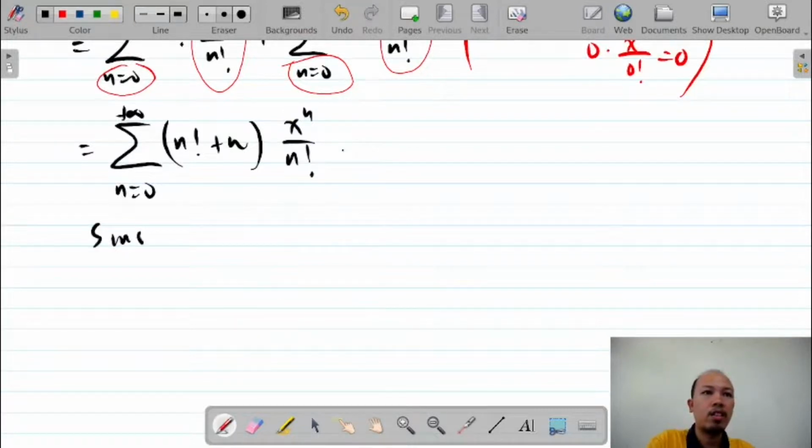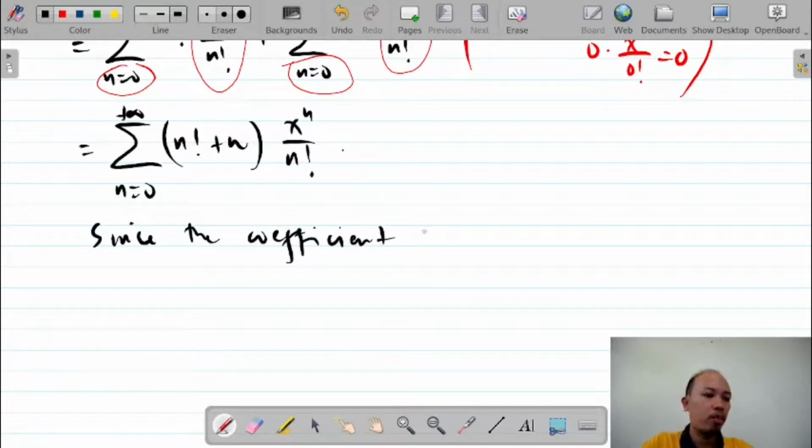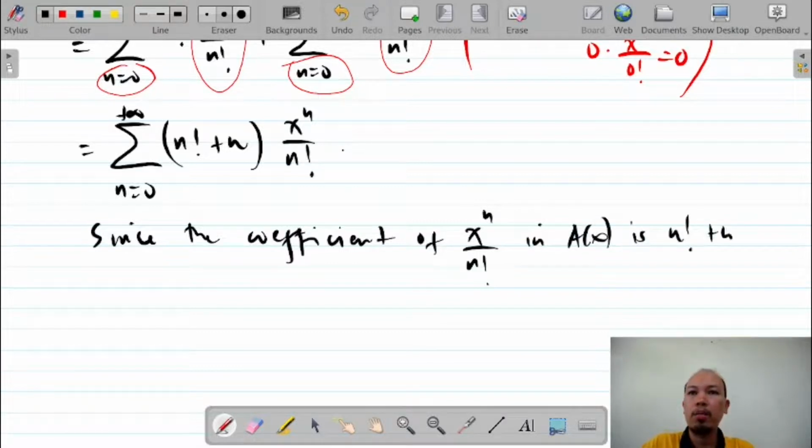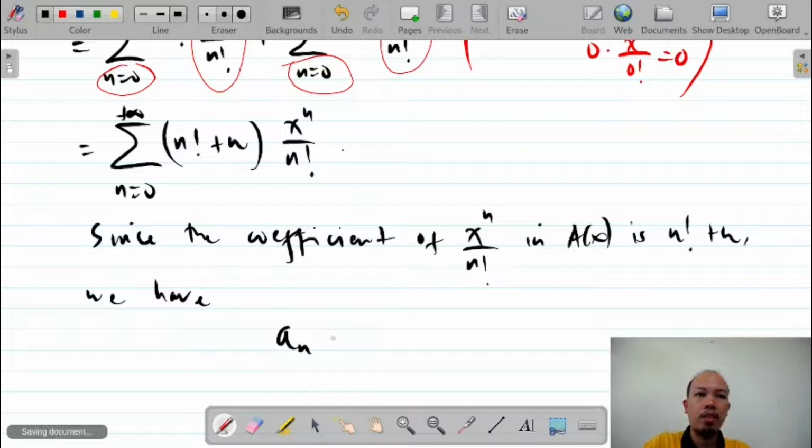Since the coefficient of x to the n over n factorial in A of x is n factorial plus n, we have a sub n is equal to n factorial plus n.